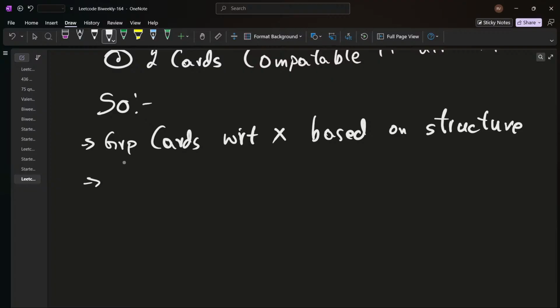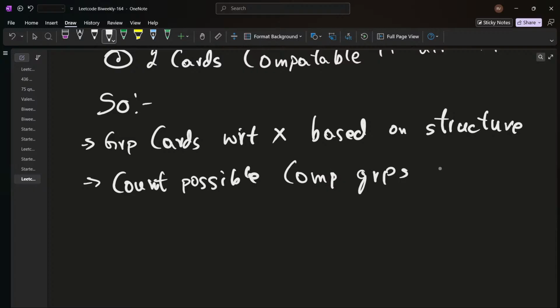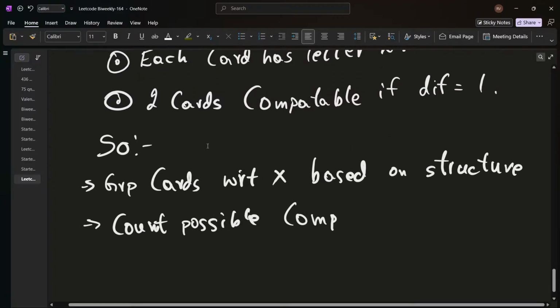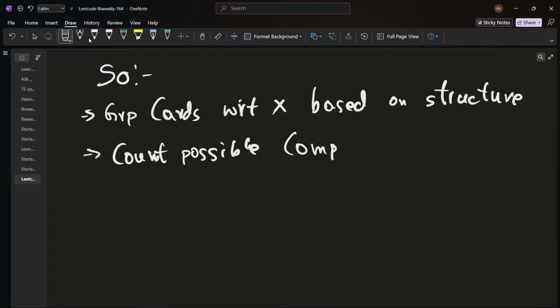Next, I'll count the possible compatible pairs within a group or between the groups.